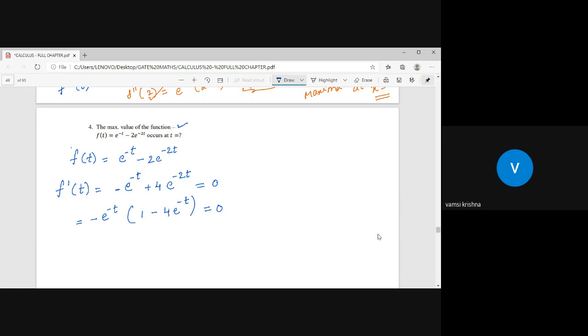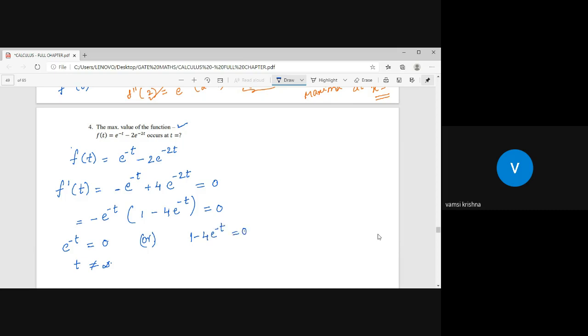And let us start. The product of two things is 0, it means that minus of e power minus t is equals to 0. Sir, this is not at all possible because t cannot be equal to infinite. E power minus infinite can be 0, so this thing cannot be possible. And the second factor is 1 minus of 4 into e power minus t is equals to 0.